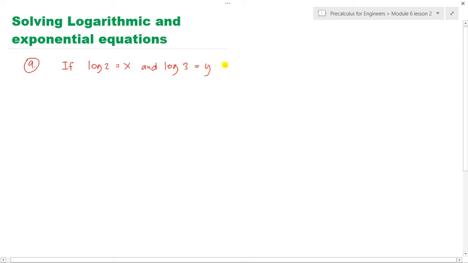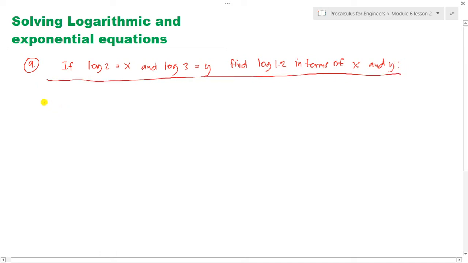Again, ang base na to ani is 10. Then, ingin siya nga, find daw kuno, find log of 1.2, in terms of x and y. Okay, sa ato pag-solve ni ini.